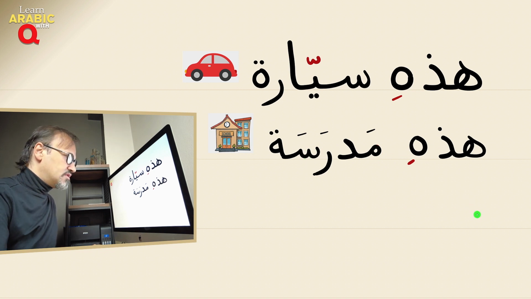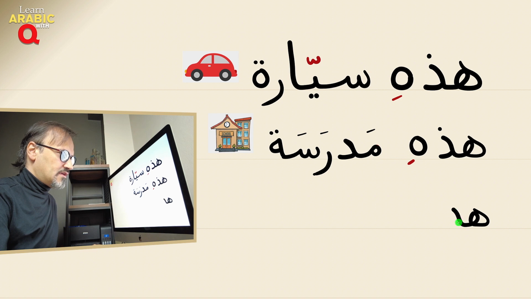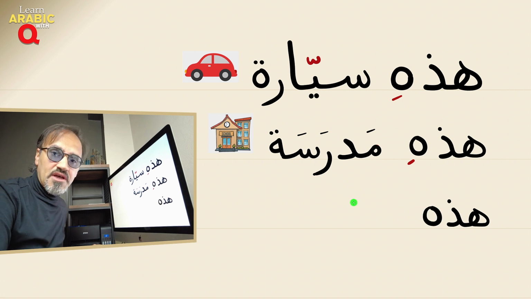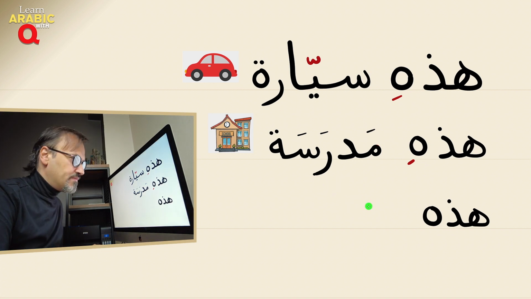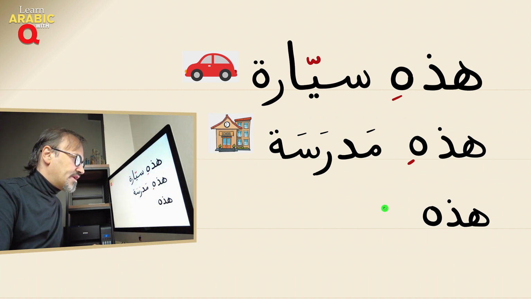Let's take another word. هذه دراجة, which means a bicycle. هذه دراجة. Don't worry, we're going to read these together again.